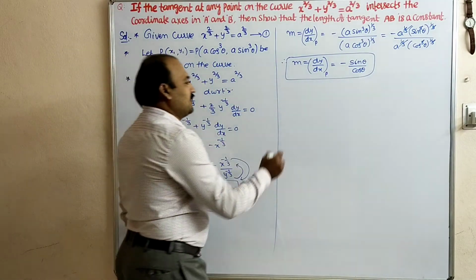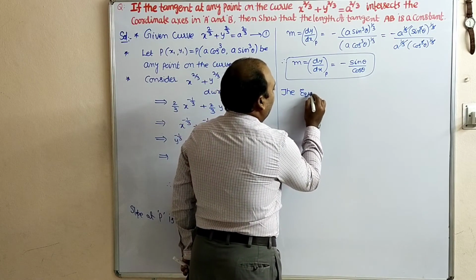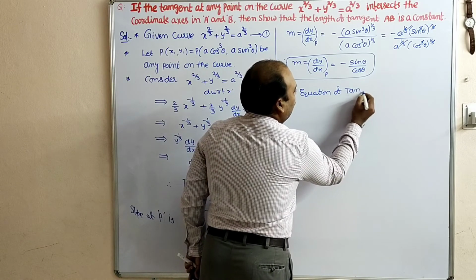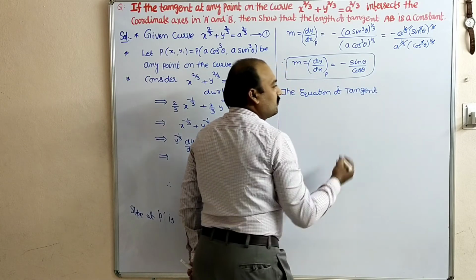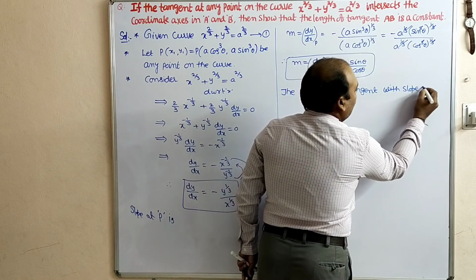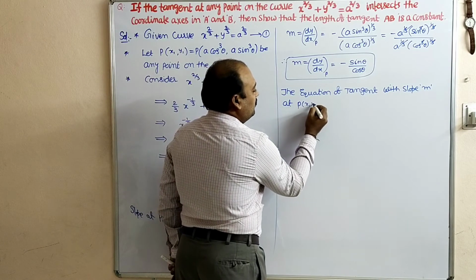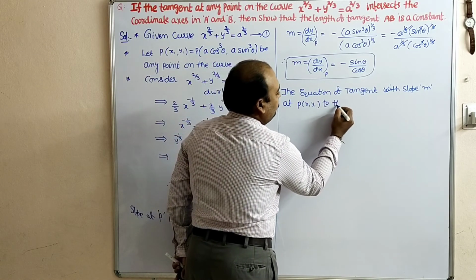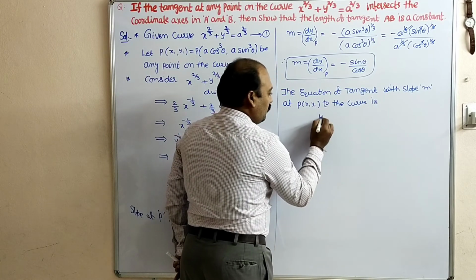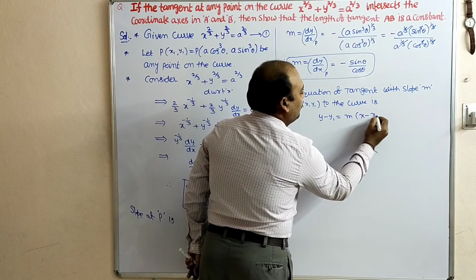The equation of tangent with slope m at P(x1, y1) to the curve is y minus y1 equal to m into x minus x1.